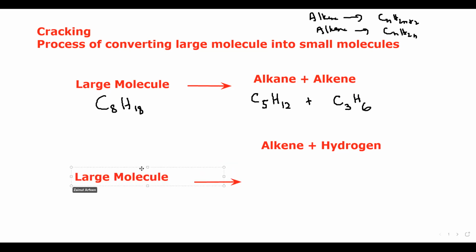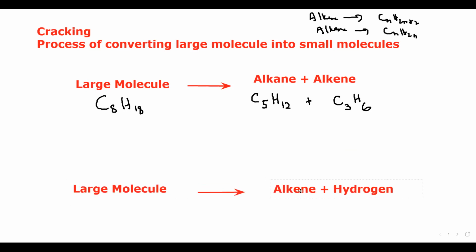So whenever we crack a hydrocarbon, this is one possibility, that it might produce an alkene and an alkane. Another example, and you can select any number. It is not fixed, it's up to you. Any number you can select for which one you want to break. Like another example, if I have C10H22 and I want to produce an alkane, there are 10 carbon atoms, so I can select any number below 10.